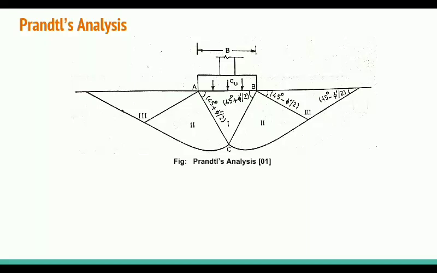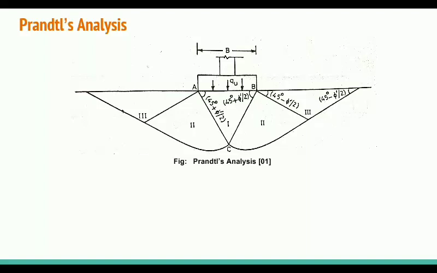When the strip footing starts sinking in the soil, the soil in zone 1 is subjected to compressive stresses. When the footing sinks in the soil, zone 1, which is subjected to compressive stresses, exerts a pressure on the side zones 2 and 3.